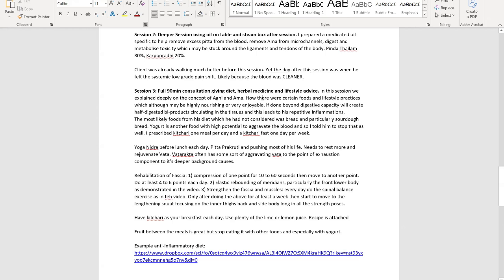I then go into how there are certain foods and lifestyle practices which, although they may be highly nourishing and very enjoyable, often, if done beyond digestive capacity, will create half-digested byproducts circulating in the tissues, and this leads to his repetitive inflammation. So I teach him about the relationship between circulation and half-digested byproducts, and how that could be making his immune system need to clean them up.